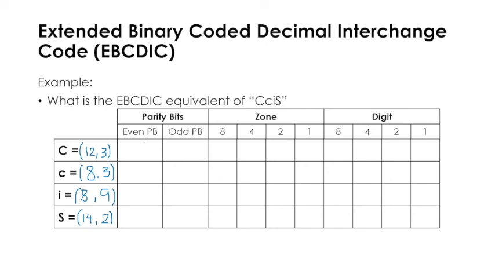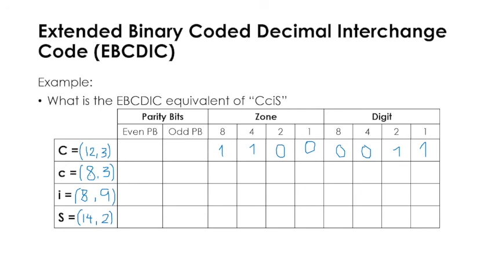So for capital letter C, the zone is 12, so we will have 1, 1, 0, 0. Because again, 8 plus 4 is equals to 12. And the digit for it is 3, so we have 0, 0, 1, 1.